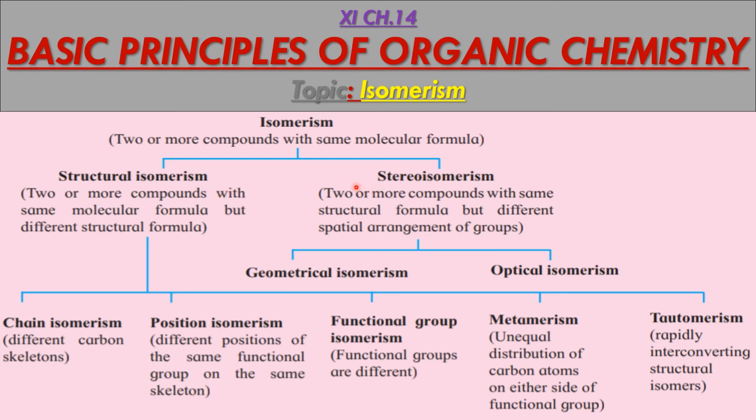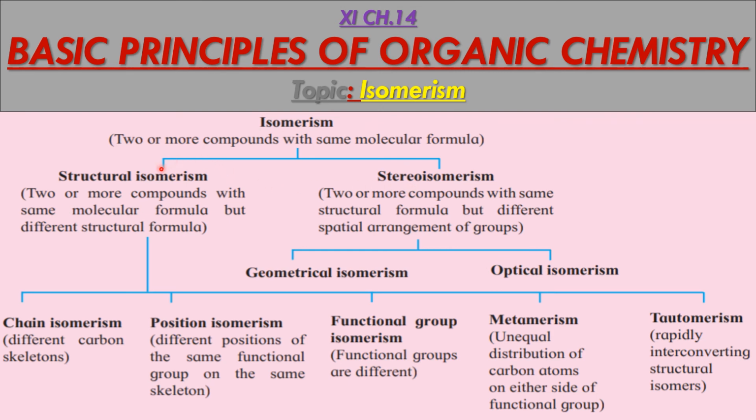We are going to study all these types in detail. Structural isomerism is again classified into five types: chain isomerism, position isomerism, functional isomerism, metamerism and tautomerism. And stereoisomerism is again classified as geometrical isomerism and optical isomerism.